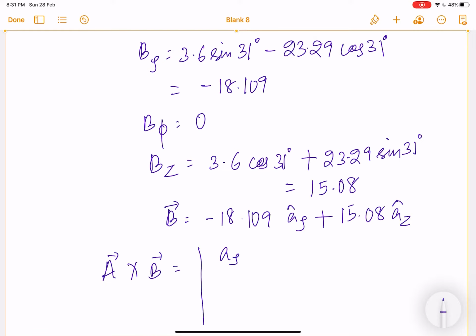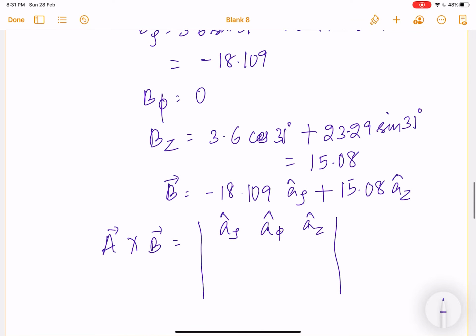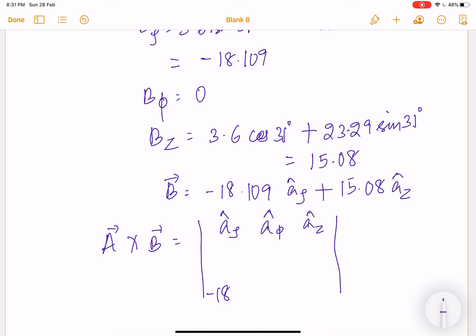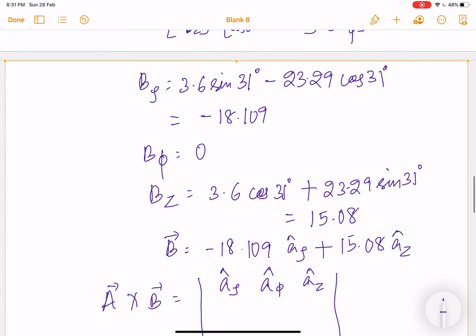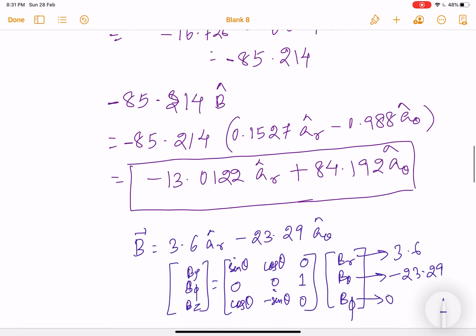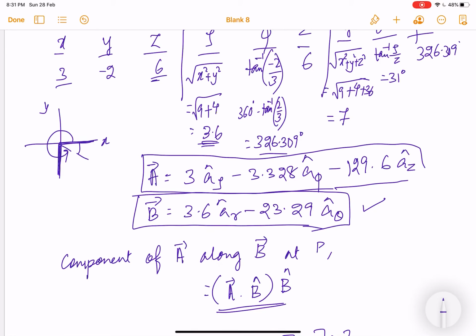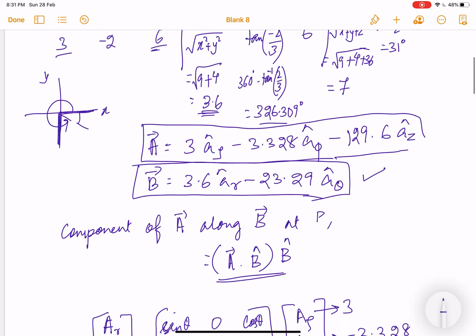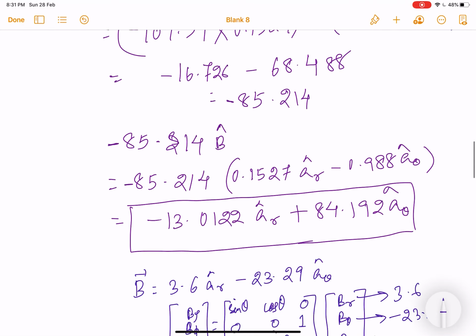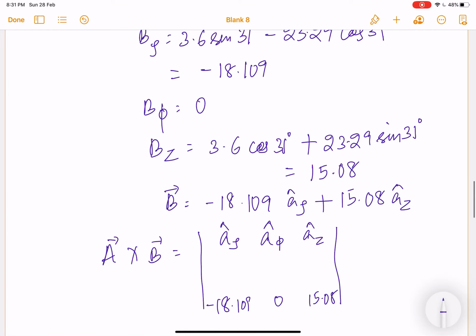Now A cross B is what I need to take out for this question. Now it's simplified because I know it all. This is minus 18.109, this one is 0, this is 15.08, and what is A's coordinate? Let me go up and check. Well, A is 3, minus 3.328, and minus 129.6.